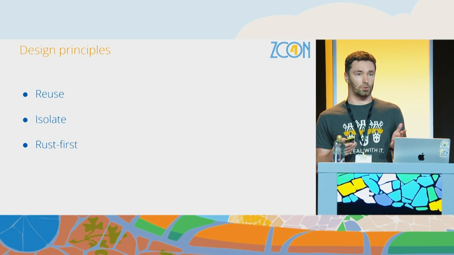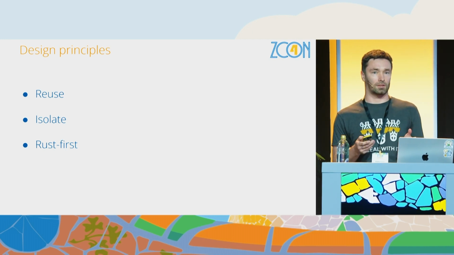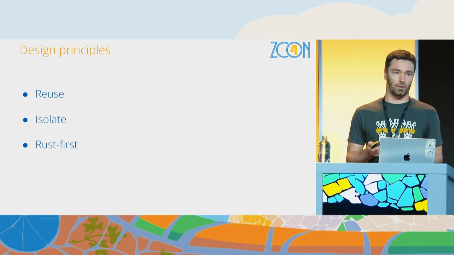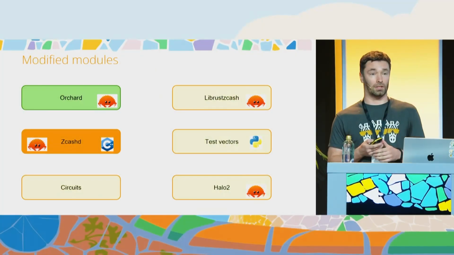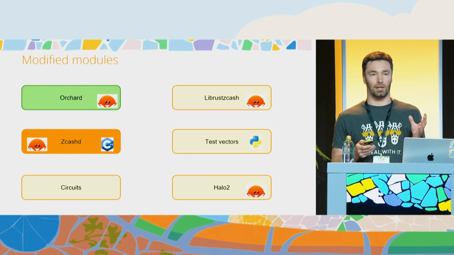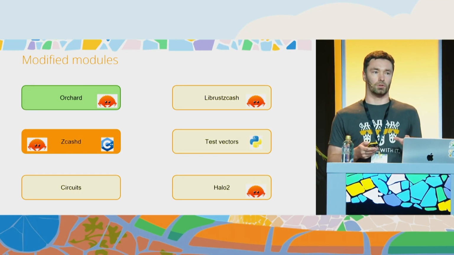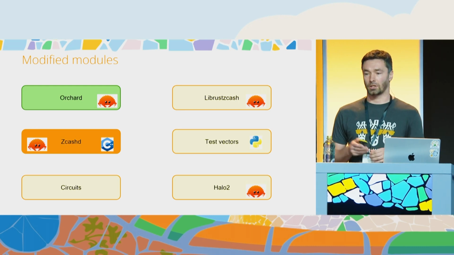And we try to write as much Rust code as possible, not only because it's way cooler, but also because of the reasons that we already highlighted during this conference several times: security, maintainability, so it should be relatively obvious already. And again, we already touched on one of the panels that we actually had to change 6 different modules inside of Zcash.